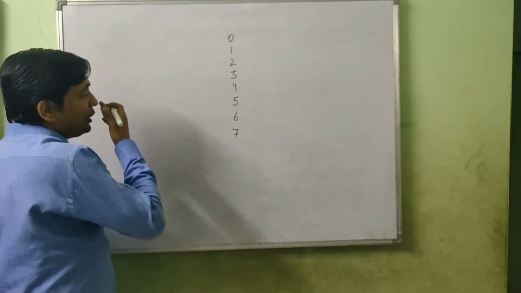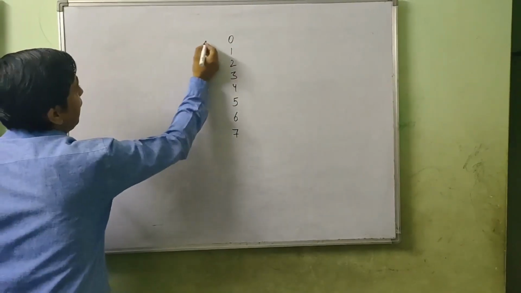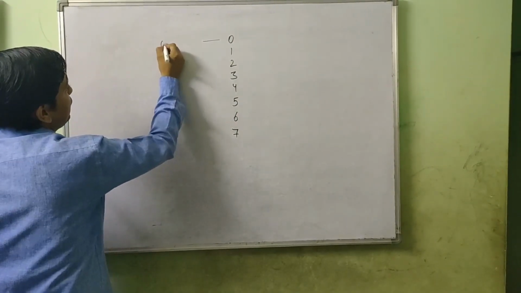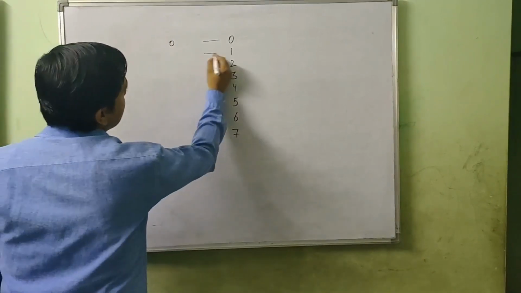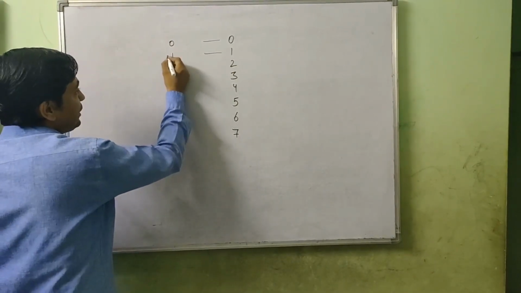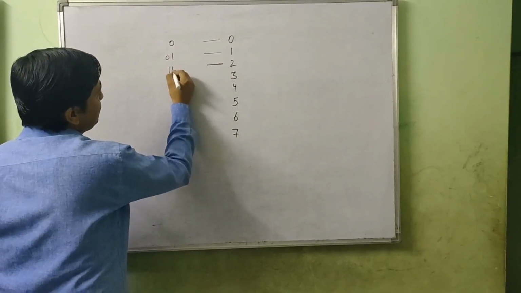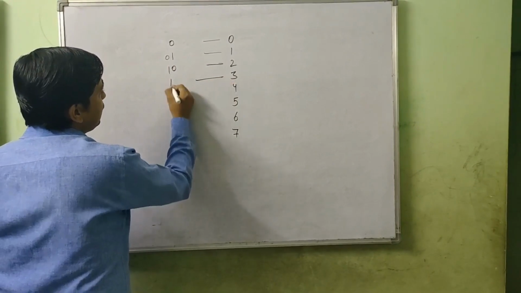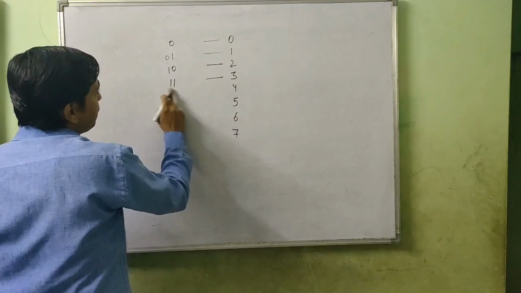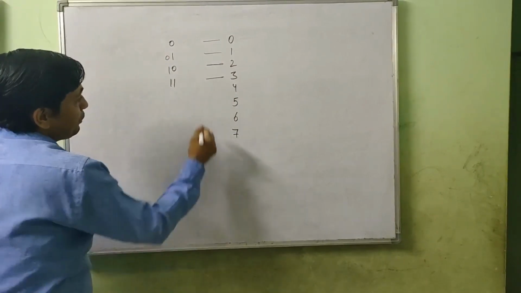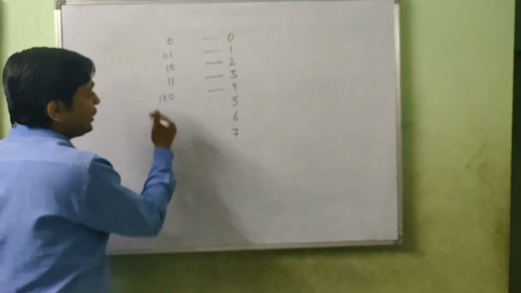Now the interesting thing is, let's see their binaries. We are going to get binaries as input. So binary of 0 is 0. Binary of 1 is 1, or you can represent it as 0, 1. Binary of 2 is 1, 0. Binary of 3 is 1, 1. That means from 0 to 3 you can represent in 2 digits itself. But binary of 4 is 1, 0, 0. So if you want to represent 4, at least you need 3 digits.